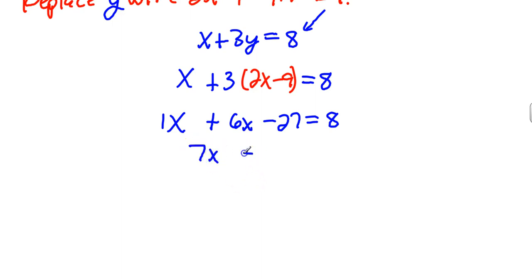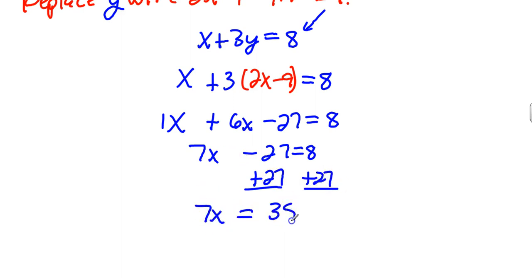So there's 7x minus 27 equals 8. Let's add the 27 to both sides to get the x by itself. Divide the 35 by 7, so we get x is equal to 5.